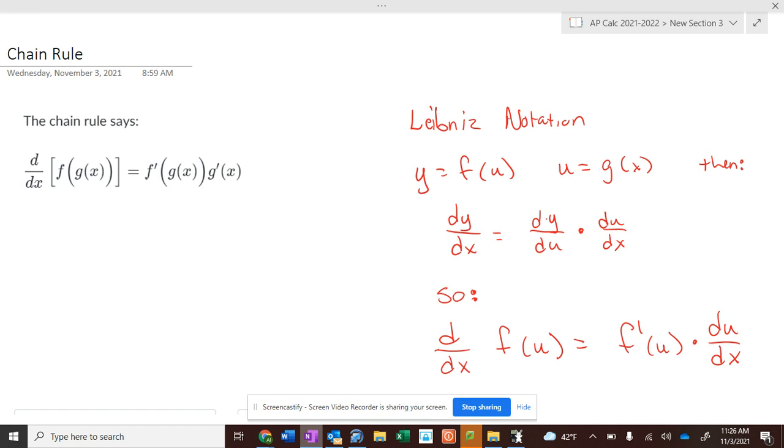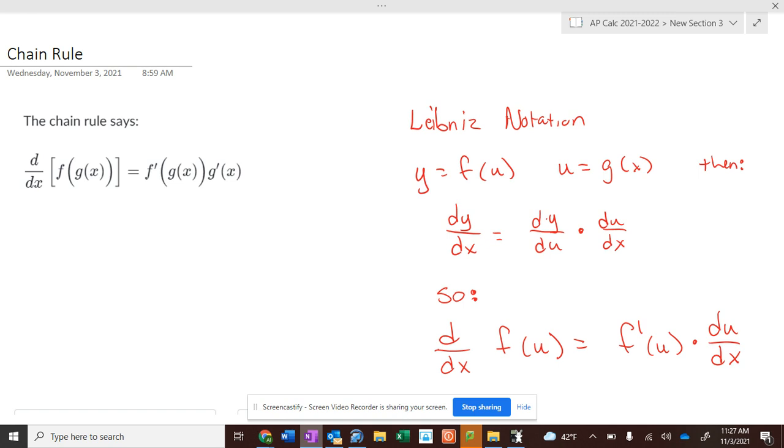Now that's kind of the hard way of looking at it, and I'll clarify all this in a little bit. But that is the chain rule. It's a composition of functions where you take the derivative of the outside function to the inside function, and then you take the derivative of the inside function and multiply that on the end.